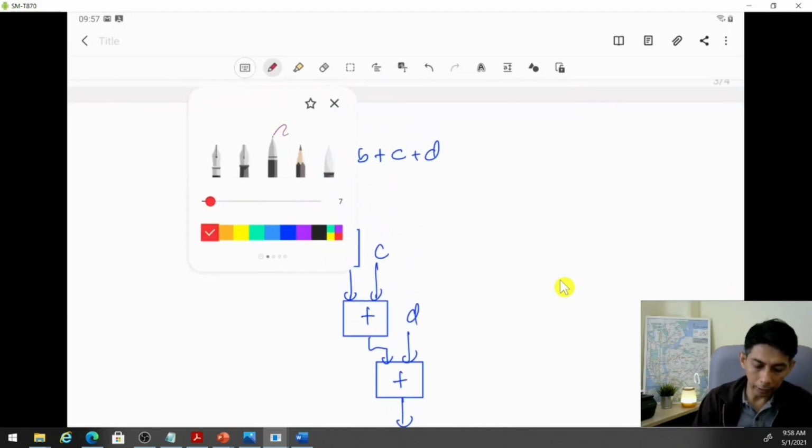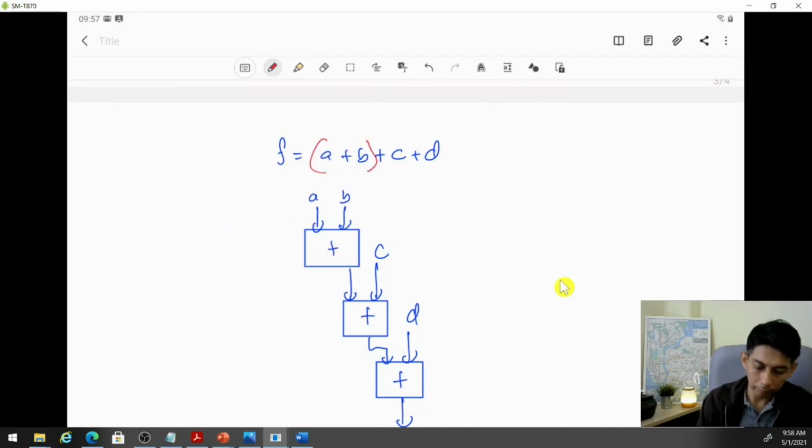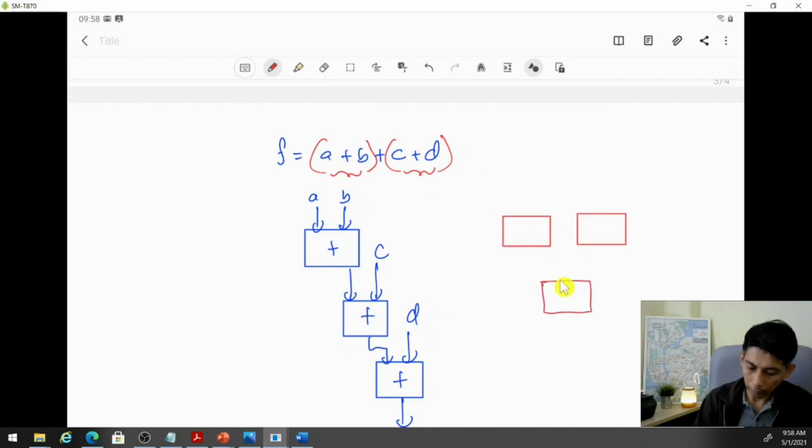But if at the equation level we group this together, we can do something like this, where we have A, B, and we have C, D, and we have F here.